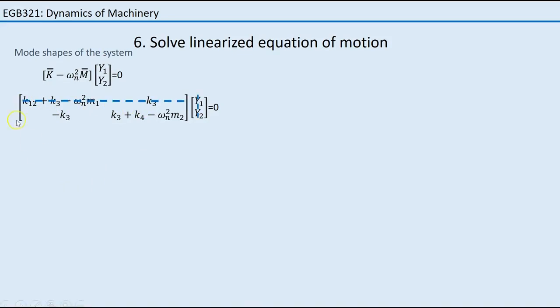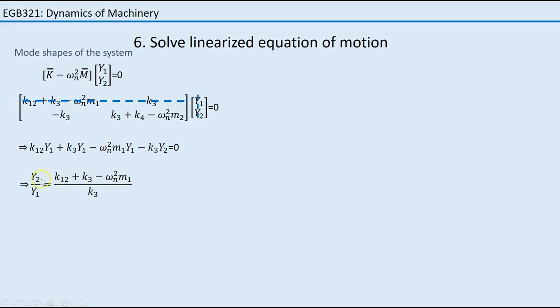So we select the first equation, which becomes this term of the matrix times y1, plus this element of the matrix times y2, and we get this expression. Once we get this equation, we want to get the y2 by y1 ratio.